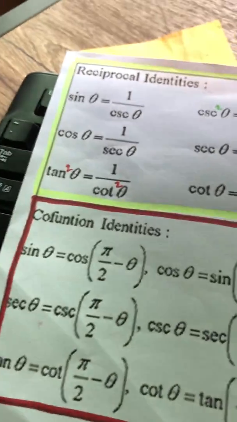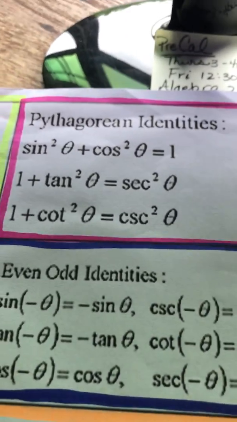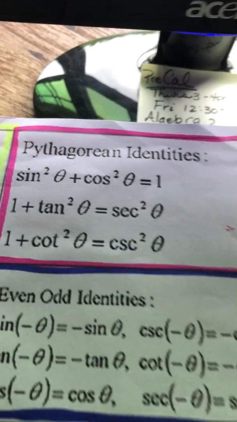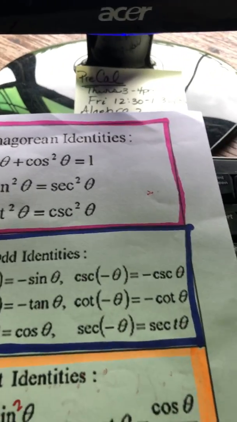But let's see if I notice what 2 cosine squared theta minus 1 is. I don't think it's quite one of these reciprocal or Pythagoreans, but it is a double angle identity. See, 2 cosine squared theta minus 1.